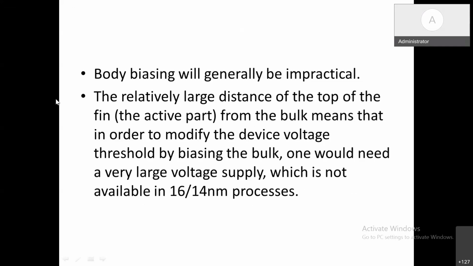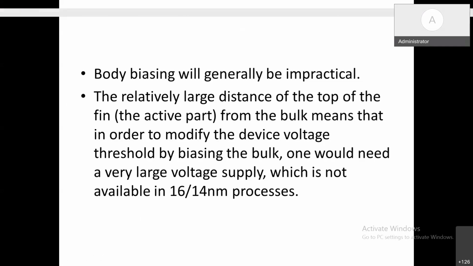Body biasing cannot be applied in FinFET. And also here, because there are a lot of metal layers with the multi-gate concept, we have to modify the device threshold voltage by biasing the bulk.